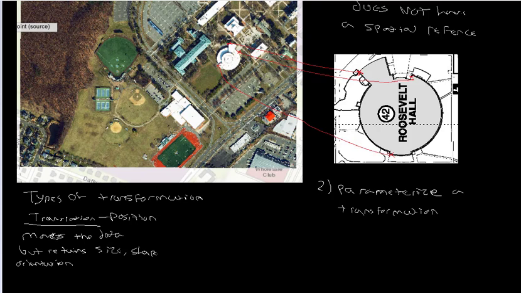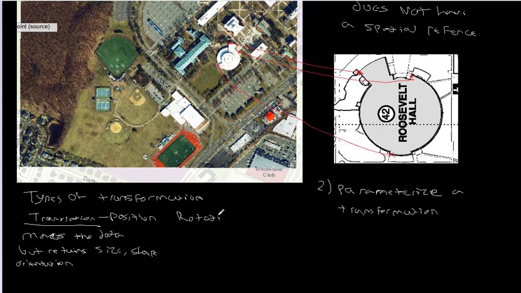The orientation is wrong. So once we've moved it to the right place, what we want to do next is rotate it, so that the protrusion lines up with the rotation of the actual building, right? And so that change in orientation, we call that a rotation or rotate.